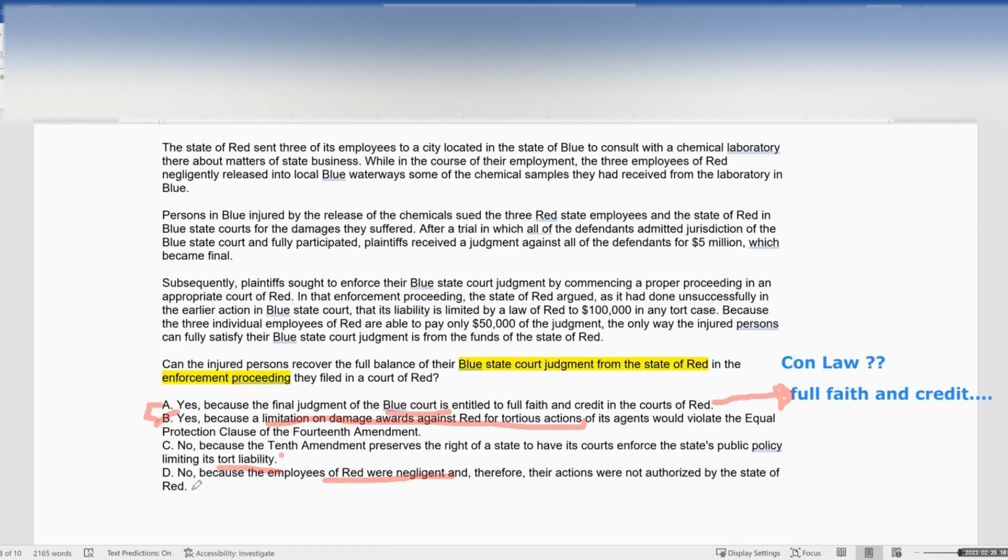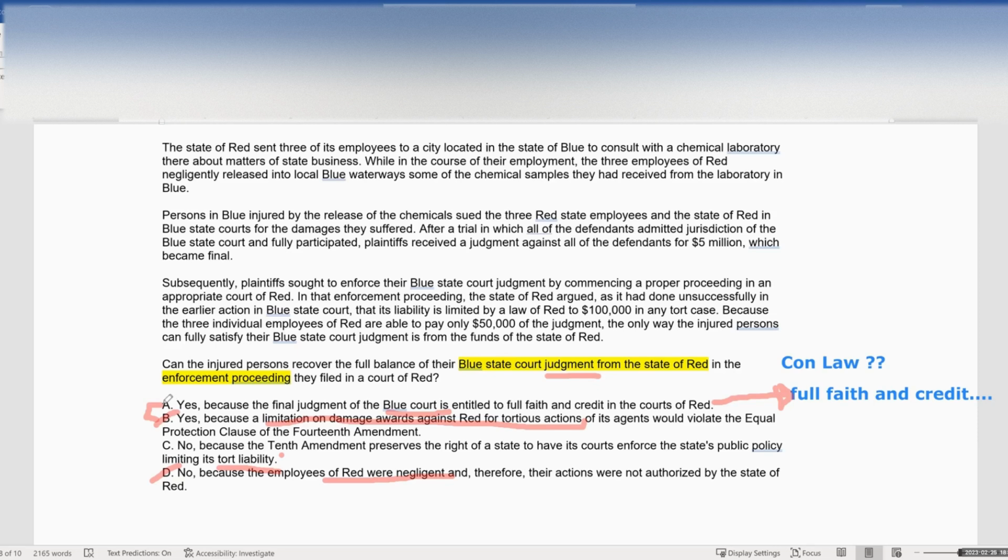This answer choice is highlighting the tort of negligence. When you see that there's a judgment already, you're not looking at liability and you're not analyzing negligence anymore. So you should be able to eliminate this answer choice easily.